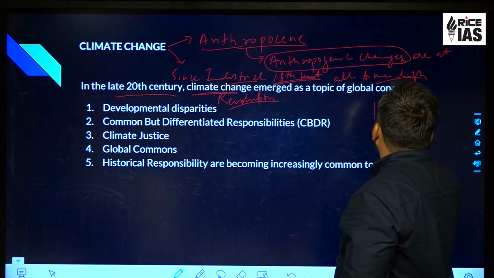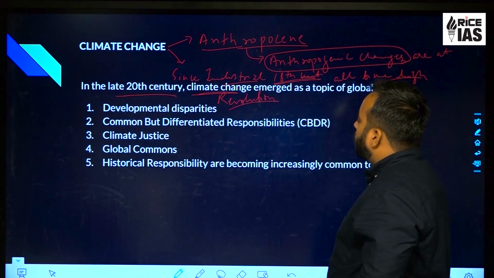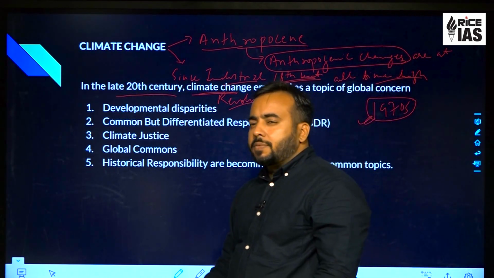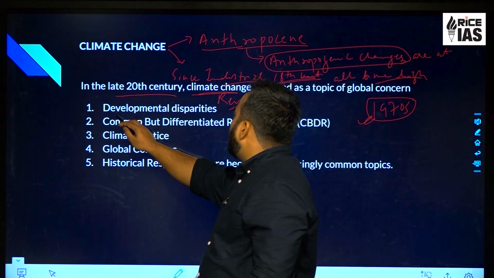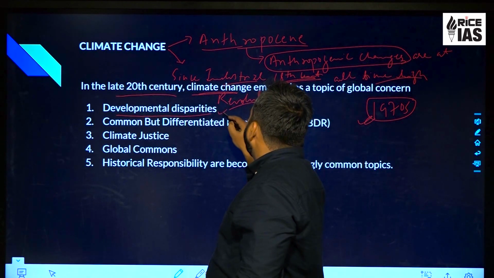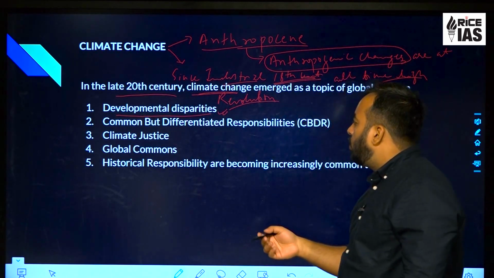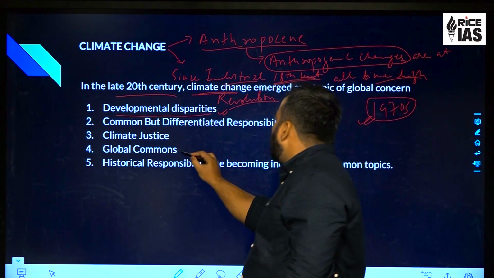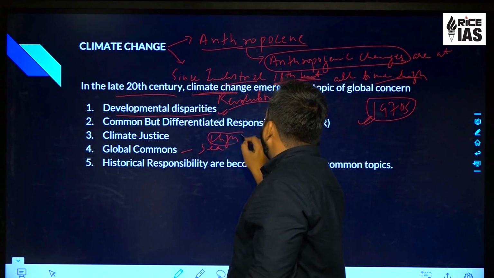In the 1970s, this started taking precedence over so many other factors. Developmental disparities, these are the key words. We'll talk about it. Common but differentiated responsibilities, climate justice, global commons, rising sea level, high seas, especially the deep seas. High seas are deep sea.